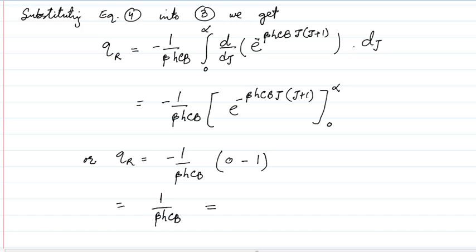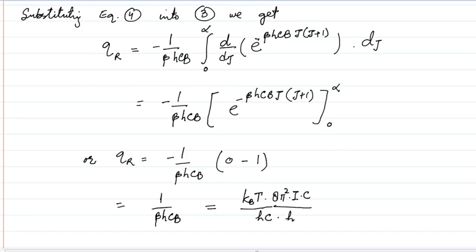Or you can put the values of beta and this rotational constant B back into this equation. So we can write this as kBT, because beta is equal to 1 upon kBT, and B is equal to h upon 8 pi square Ic, so it will be multiplied by 8 pi square Ic upon hc and h.